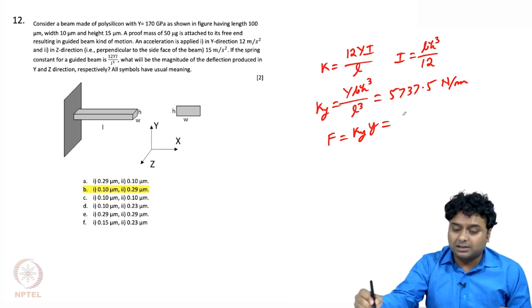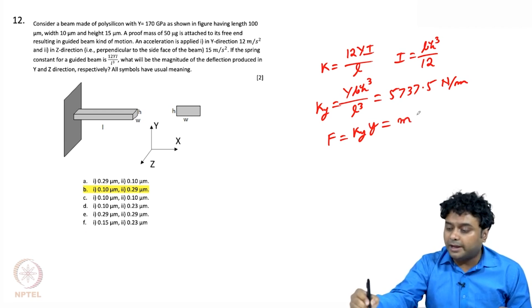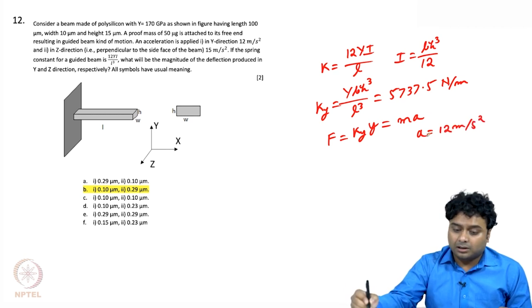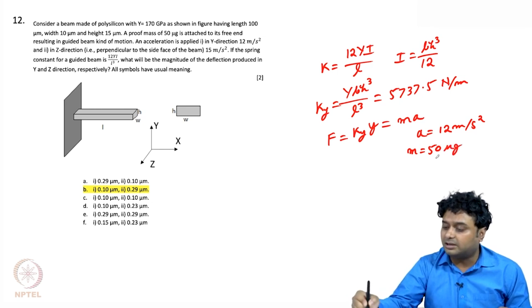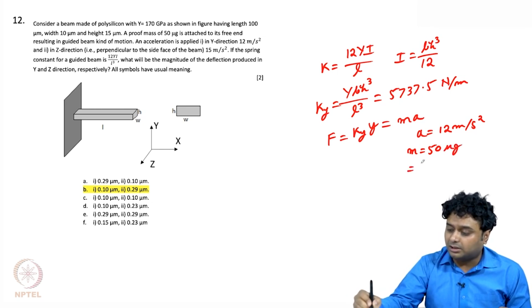So the proof mass is 50 microgram, in a minute I will put those values, and a, let's say small a, is the acceleration. Now small a in y direction is 12 meter per second square, but this m is equal to 50 microgram, and I have seen many of the students make this mistake, that they have just converted it into gram.